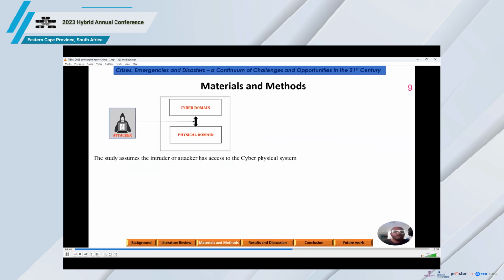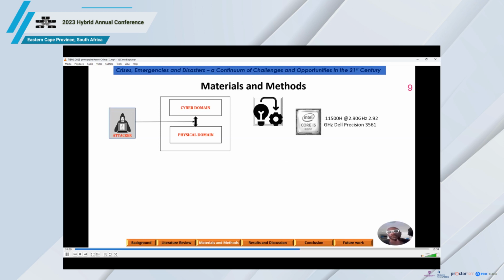Now, in order to conduct a behavioral analysis, the first thing that I did was to assume that the attacker has access to the cyber-physical system of the digital twin. So the study assumes that the intruder or attacker has access to the cyber-physical system.